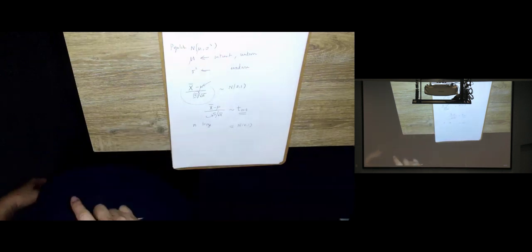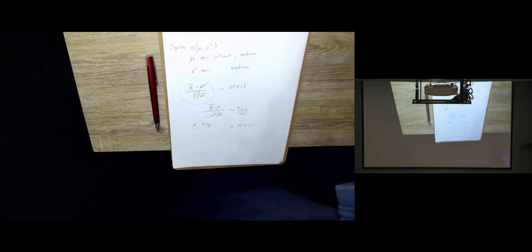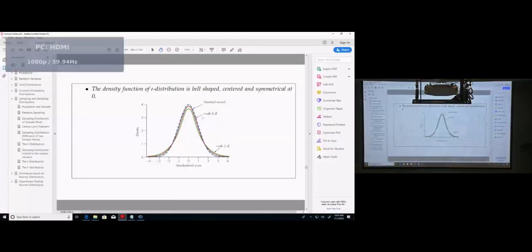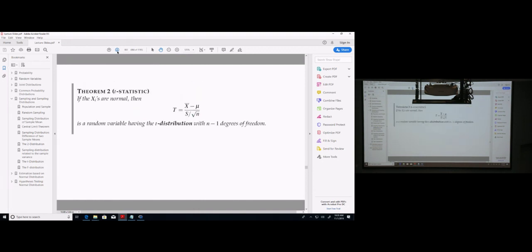So there is not much change, but this is only provided that n is large. This will come up in the next chapters, chapter 7.